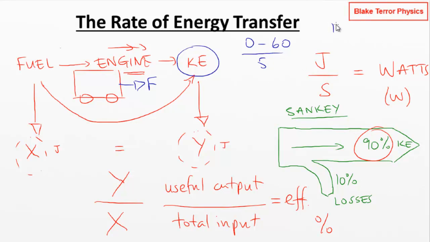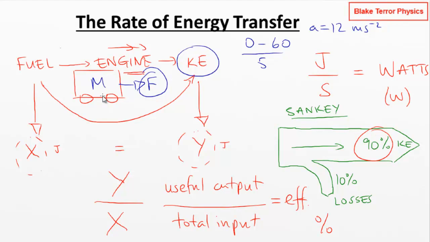We've got an acceleration of 12 meters per second squared. That's our acceleration. So we can work out what the force must have been if we've got the mass of the car. Multiply the 12 by the mass, and that gives us the force. And then we can quantify things in that way.